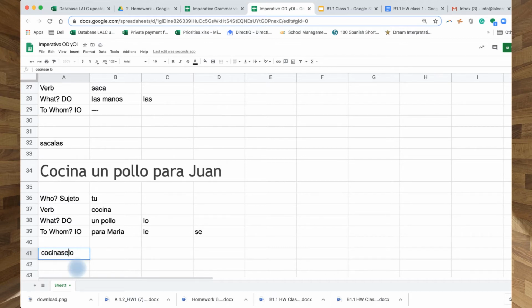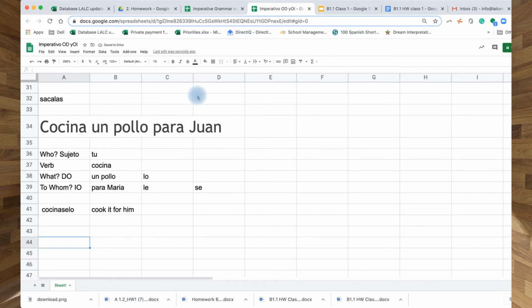You see, cocínaselo. Por ejemplo, dímelo. Remember, di la verdad. Di comes from decir, okay? It was irregular. So, di la verdad a tu papá, let's say. Who es el sujeto?